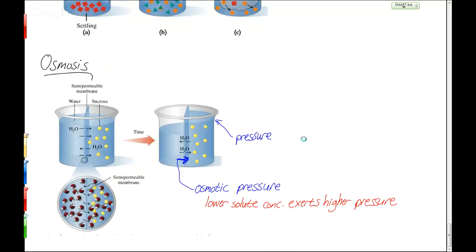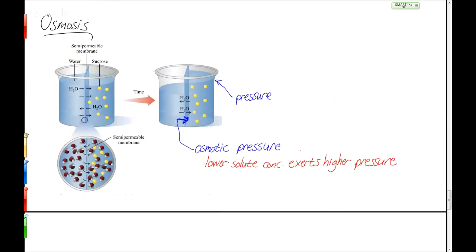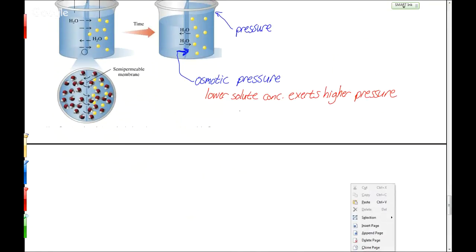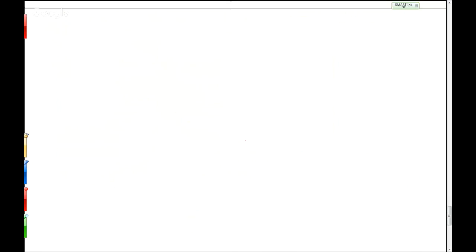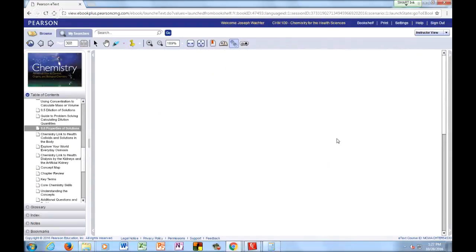Okay. And so that can cause problems for things like biological systems. Our cells are protected by these semi-permeable membranes, but if water gets forced in or if water pushes outward, you can destroy the cells. So we talk about those three different situations compared to the pressure, or compared to the concentration.